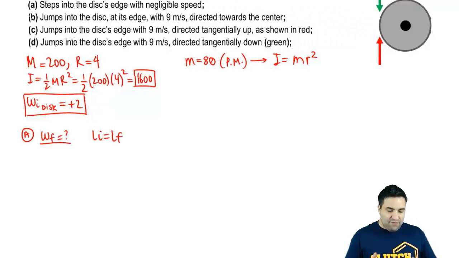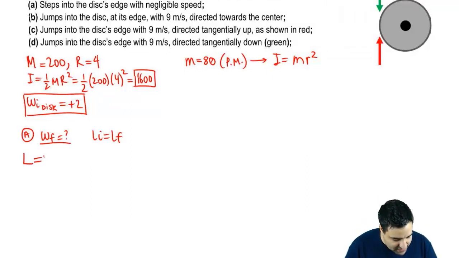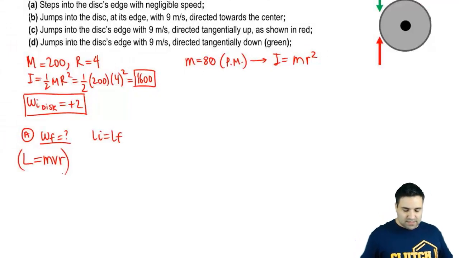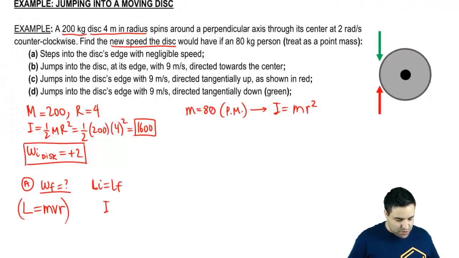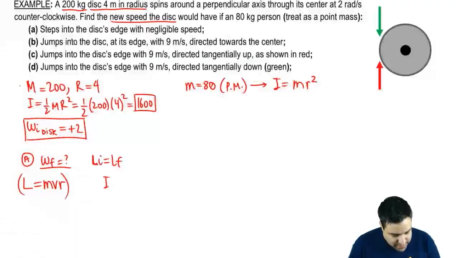And remember, if you have an object, which in this case, the person, moving in a linear motion, we're going to use L as mvr instead. But here the person doesn't have a velocity. So in the beginning, all we have is the angular momentum of the disk. Let's say the disk is 1 and the person is 2. So big M is 1, person is 2.